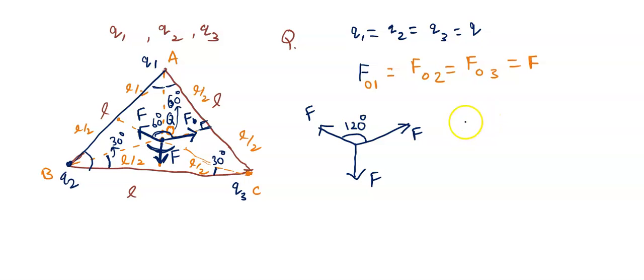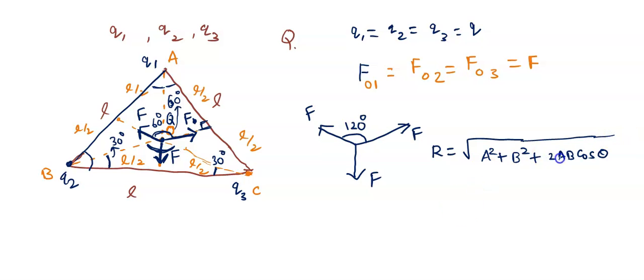Now, do you remember the formula which you studied in vectors last year? R, the resultant of two vectors, is equal to under the root a square plus b square plus 2ab cos theta. So the resultant of this F and this F at an angle of 120 degrees will also come F only.